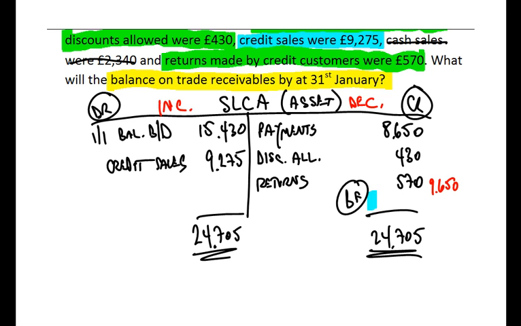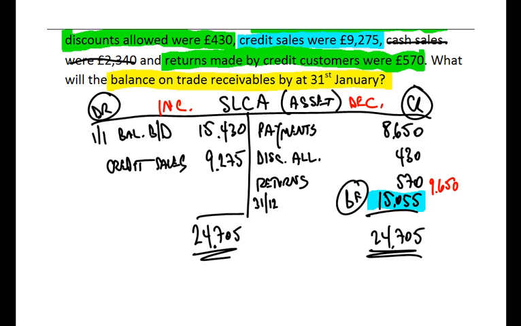So what do I need to insert on the credit side to make it equal to 24,705? And in fact, if I take 24,705, I know the total it should be, deduct the 9,650 that I already know is on there. What's my balancing figure? Well, I would need to add £15,055 to make the scales balance.